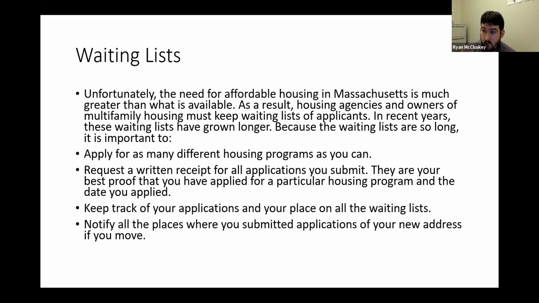If you're moving or changing addresses for one reason or another, make sure you update it, because the wait can be a long time, but when you do reach the top of the list, things move very, very quickly. It goes from 0 to 100, where they only give you a limited amount of time to respond to a request for more information once you reach the top of the list. So make sure you're checking your mail regularly and responding to any correspondence from any of the housing authorities.